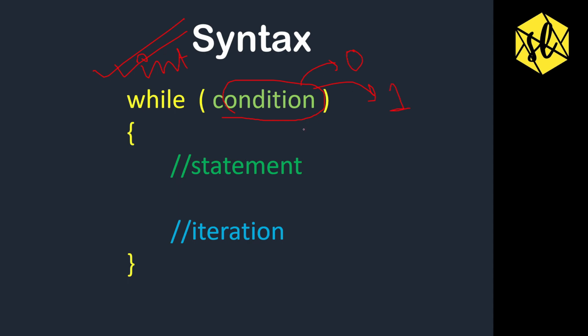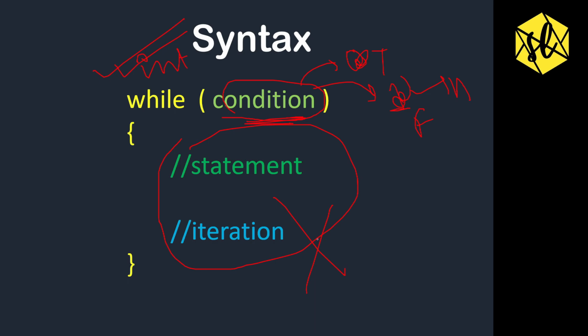If it is 0, it will not execute these statements, and if it is 1 or any other number, then it will execute them. What I mean to say is that for the while loop to execute, the condition should be true, not false. If the condition is true, these statements will execute. If it is false, these statements will not execute.